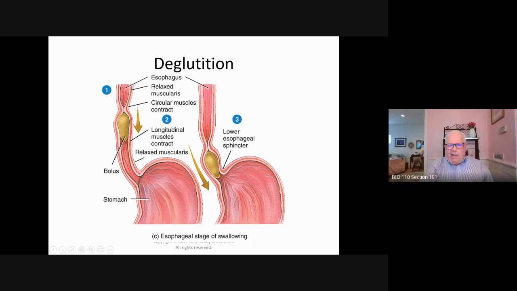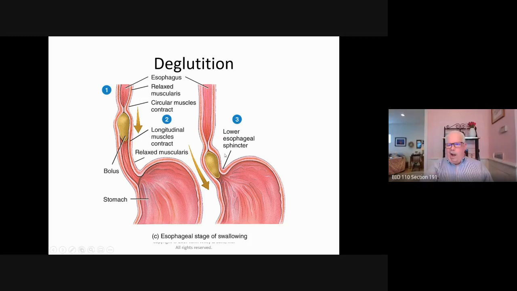There is a regulator right here of food coming into the stomach. And that regulator is called the lower esophageal sphincter. It is a muscle. And that muscle allows food to get into the stomach.